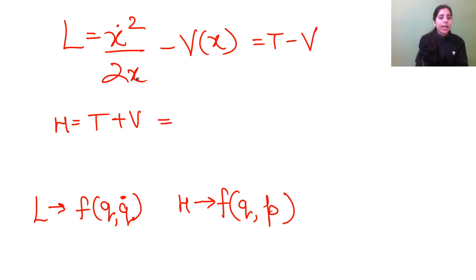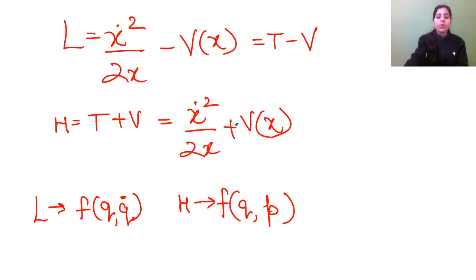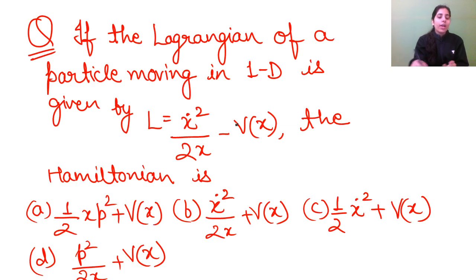If you want, you can directly write it, that is x dot square upon 2x plus Vx. But if you will look at the options given to you, all the options are not just in terms of x dot and x, they are also in terms of momentum. So you have to check whether you are getting that option in which the momentum is present, or that option in which the velocity term and the coordinate term is present.